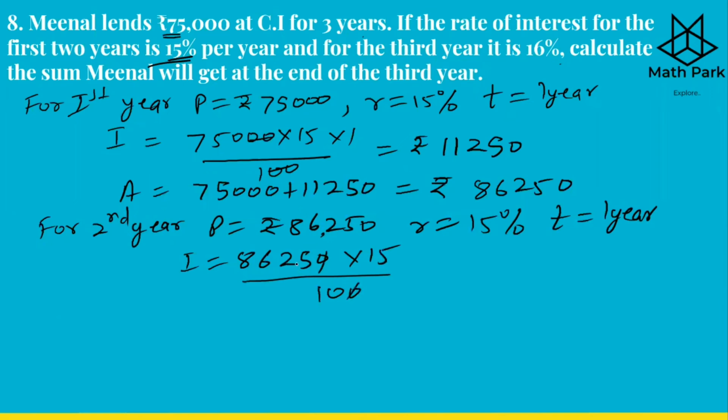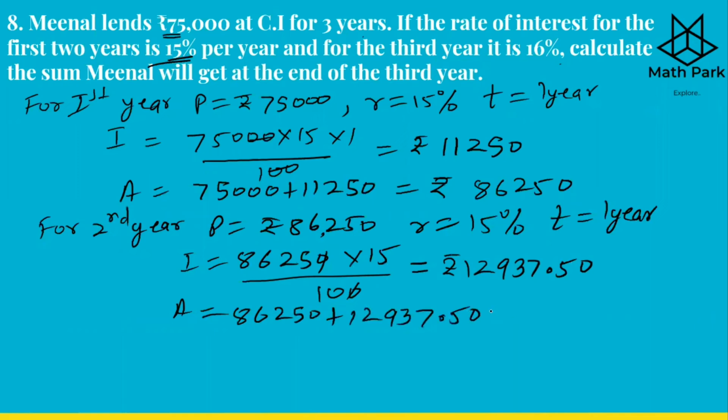Better you can do 862.5 and then multiply by 15, which we get it as 12,937 rupees and 50 paisa. So this is the interest. So the amount is equal to 86,250 plus 12,937.50, which is, we get it as 99,187 rupees and 50 paisa. Okay. This is the amount at the second year.